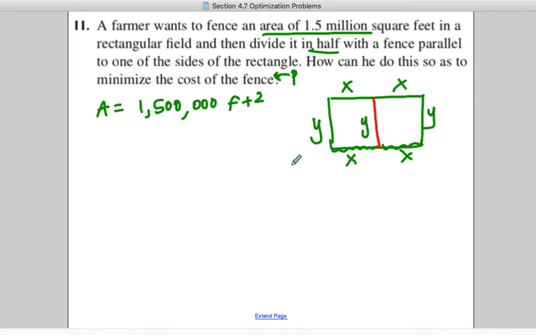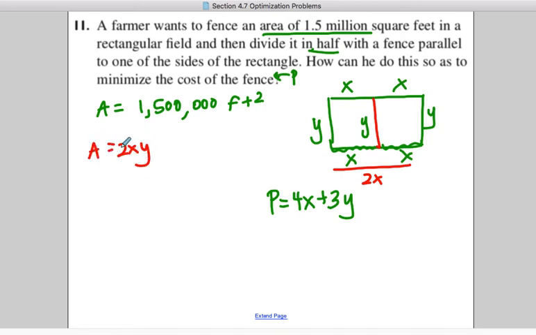So I'm going to have to take the derivative of perimeter. So perimeter, in this case, would equal 4x plus 3y. And then the other thing I know is the area. So what is our area of the entire thing? We'd have 2x times y. So our area equals 2x times y. I know specifically what my area is. It's 1.5 million. And then we get x or y by itself.